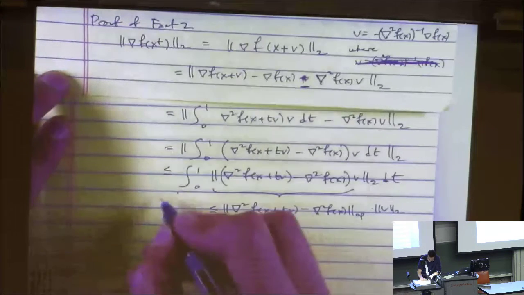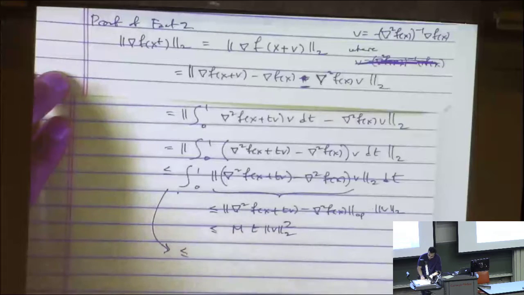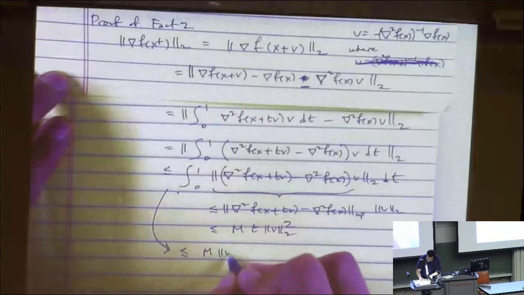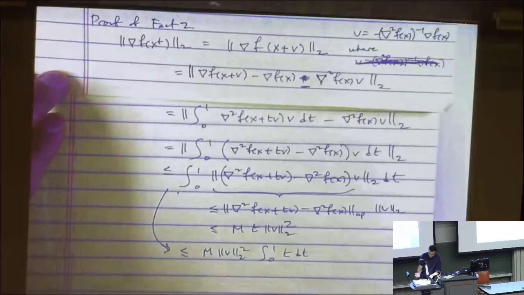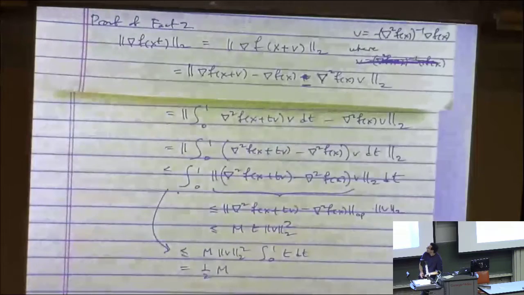Continuing on with the inequality then, we've shown that this thing is less than or equal to m times the norm of v squared times the integral of t from 0 to 1. This is just a half, right? It's just a half times m times the norm of v squared.